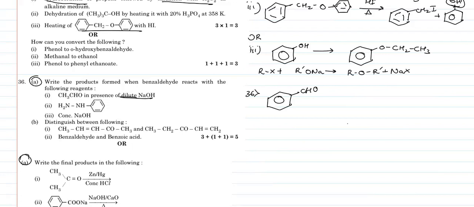At this point, I'm pretty sure you know that when dilute NaOH is involved, it is the cross-aldol condensation, because you have another aldehydic molecule. So benzaldehyde reacts with CH3CHO in the presence of dilute NaOH to give us the cross-aldol condensation product, which is 3-hydroxy-3-phenyl propanal.